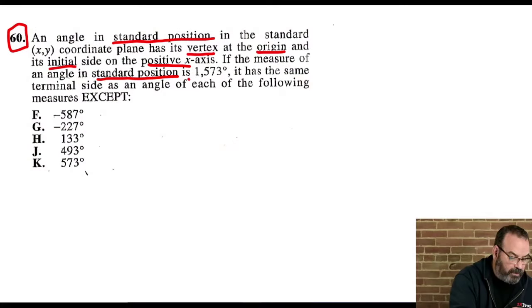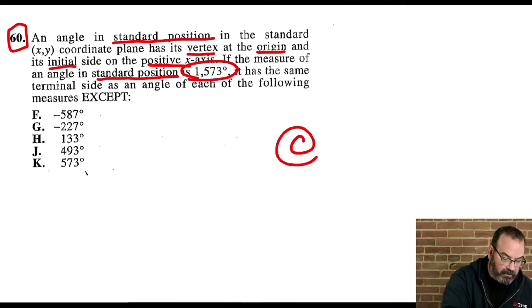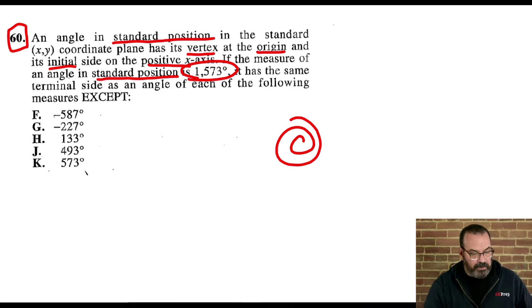These things are all words used in trigonometry: vertex, origin, standard position. And so the angle in standard position is 1,573. That means it's going around the circle more than 360 degrees, so it's kind of spiraling out like this. So how do we solve this?